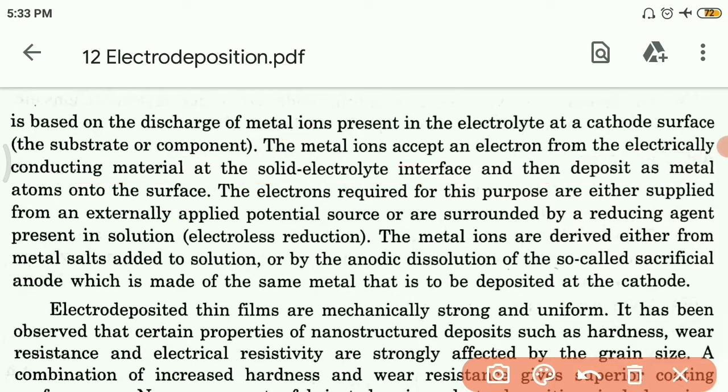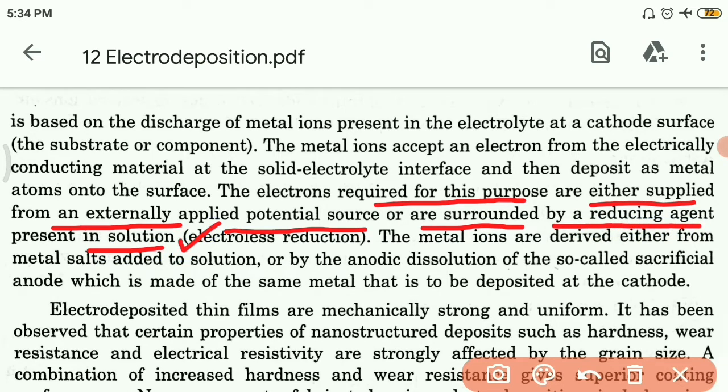Okay, the electrons required for this purpose are either supplied from an externally applied potential source, or they are supplied by a reducing agent which is present in the solution. So it is called electroless reduction.